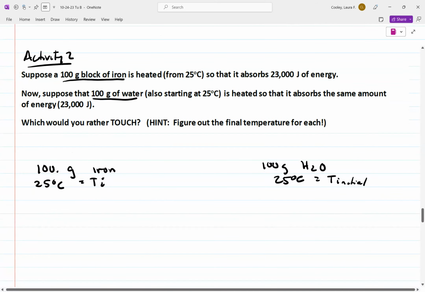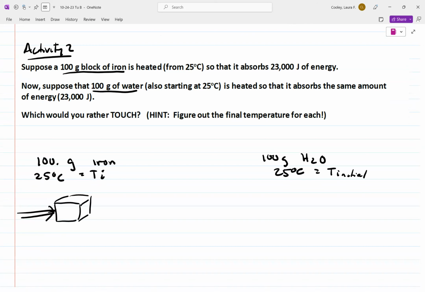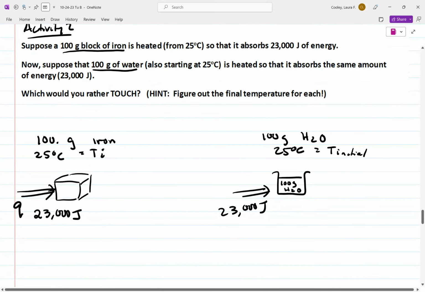Here's my iron block. I'm going to give it 23,000 joules of heat, into this 100 grams of iron. And I'm going to do the same thing with my 100 grams of water: 23,000 joules. Here's the question.